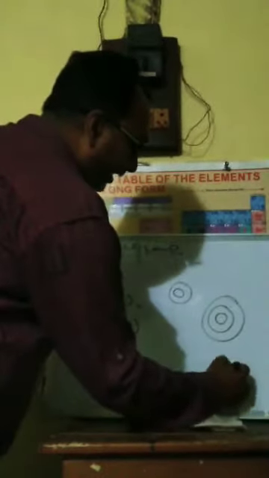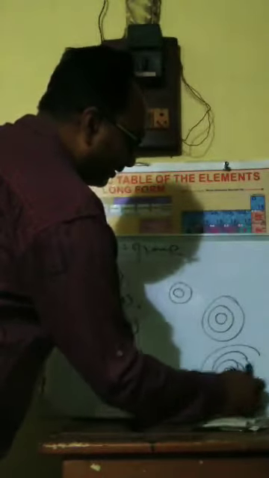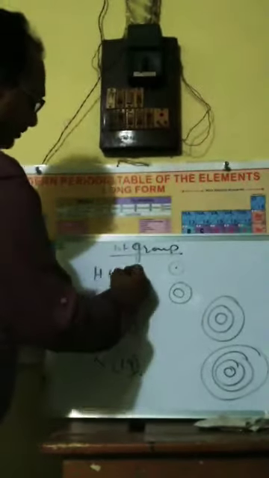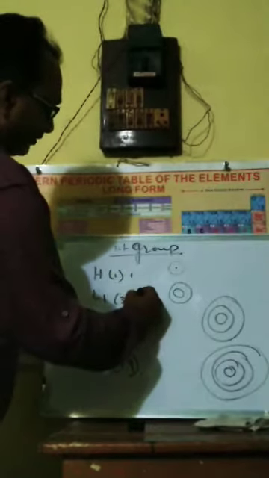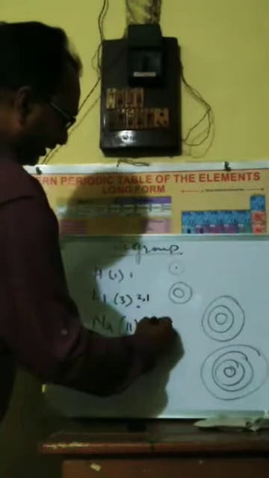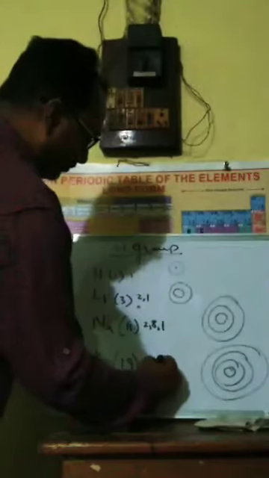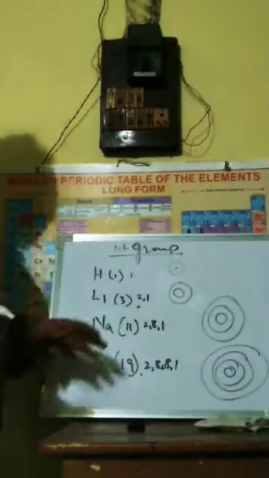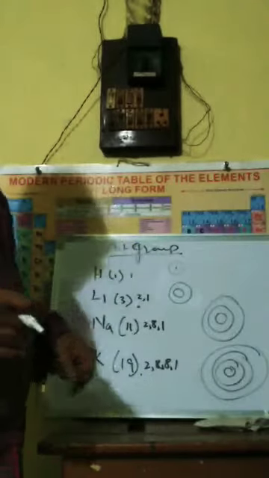Potassium will have four shells. You can get an idea by arranging the number of electrons: it is 1, it is 2, 1, it is 2, 8, 1, it is 2, 8, 8, 1. This way also. Now, down the group what happens?